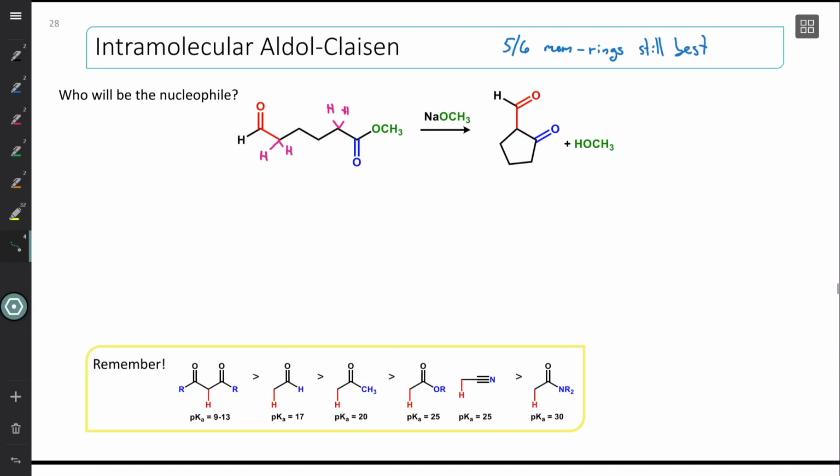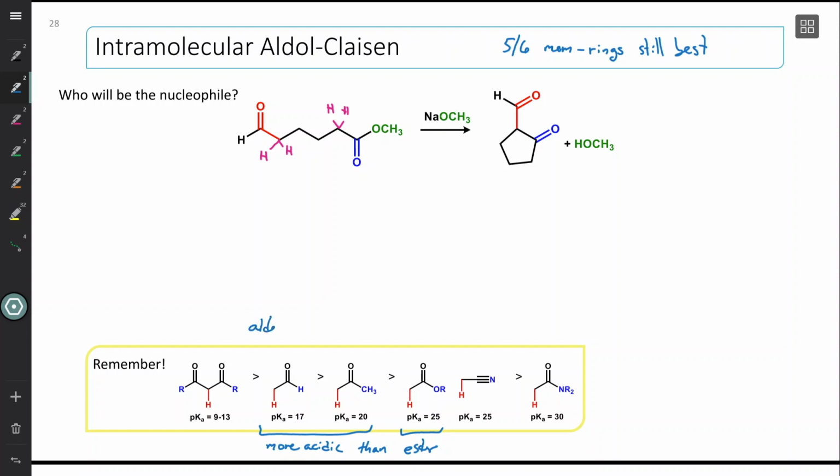Ketone, very acidic, starting to be less active now with the donating groups, right? So the aldehydes and ketones are more acidic than the esters.